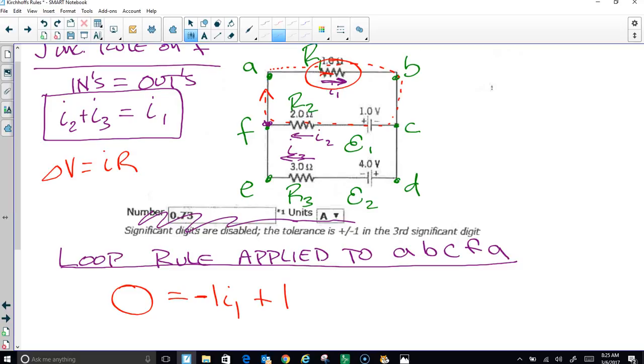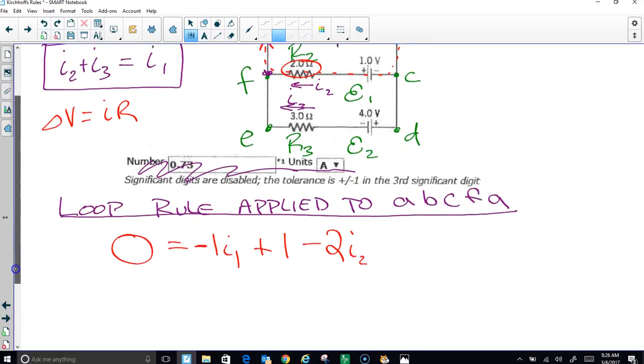What's the next thing I do? I go down again, so I have negative, and it's 2I2 because the resistance is 2. And then, exactly, that's it. Then I go back to my starting point, and I'm done with this loop rule.